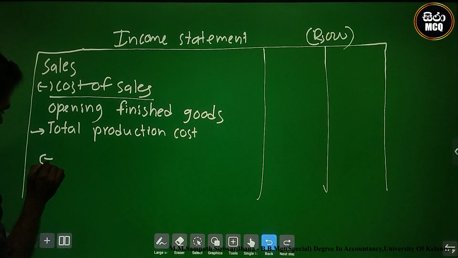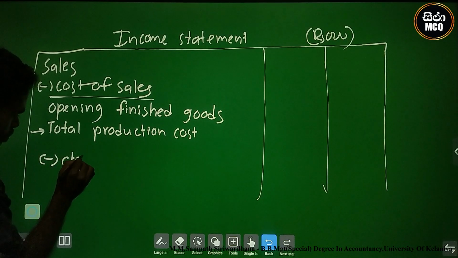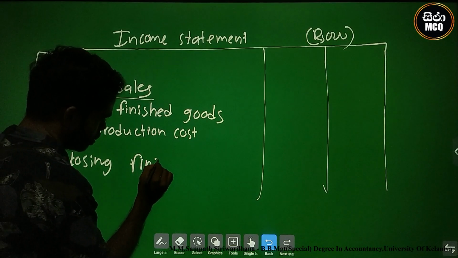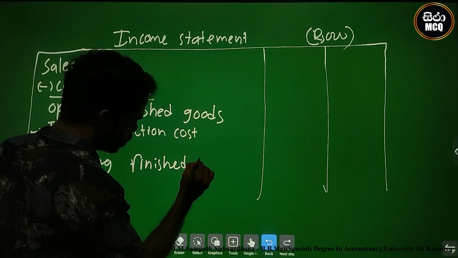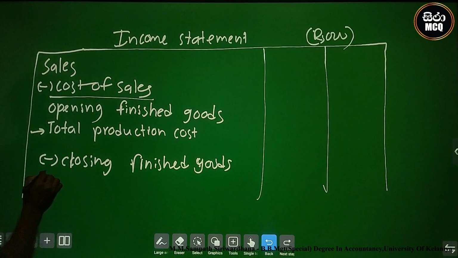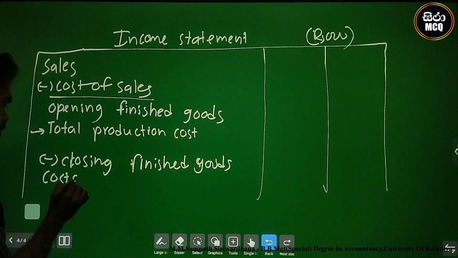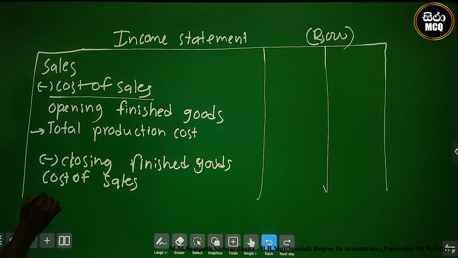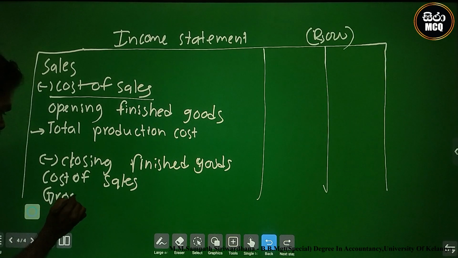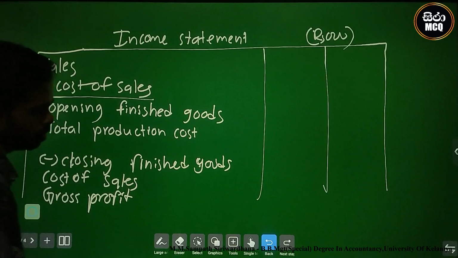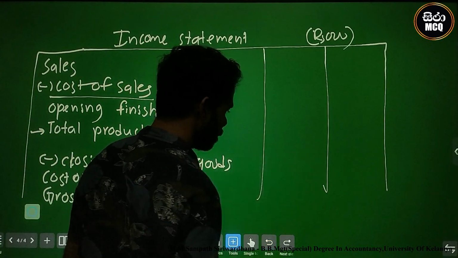After that, minus closing finished goods. After that, we can calculate cost of sales. After that, gross profit. Use the requirement.